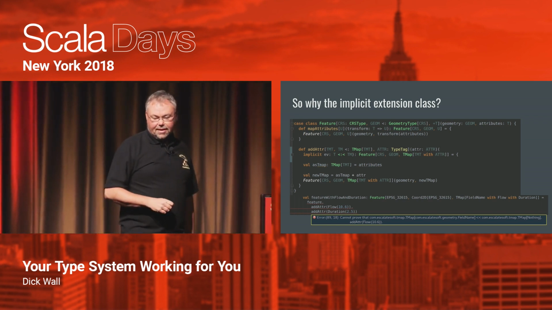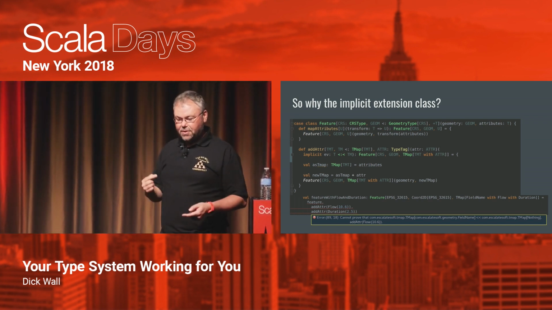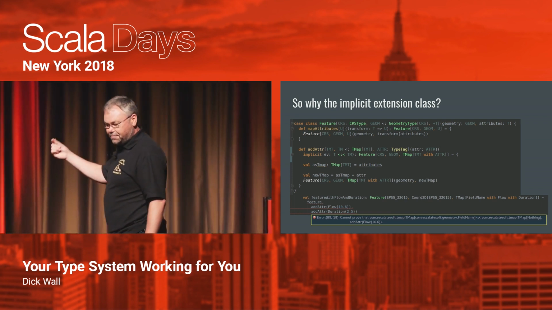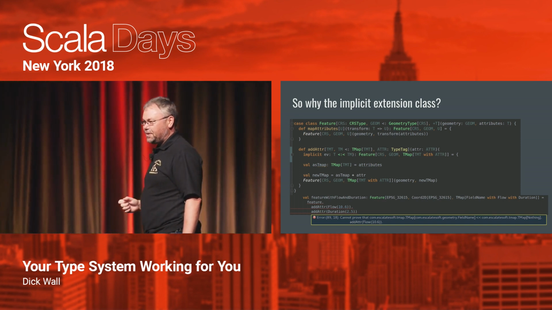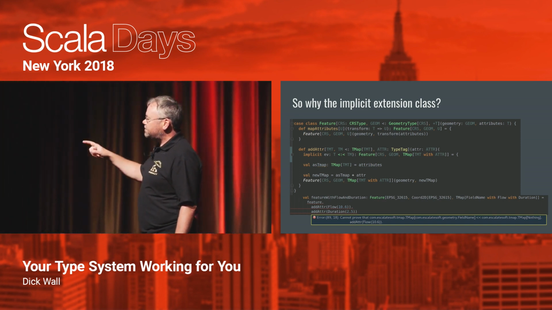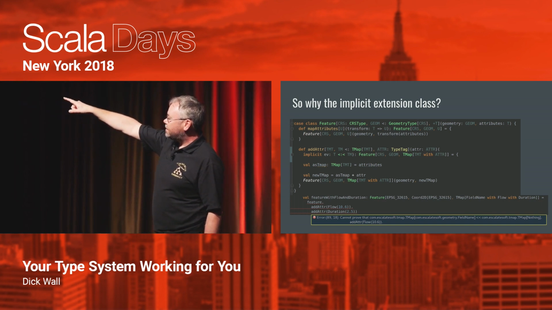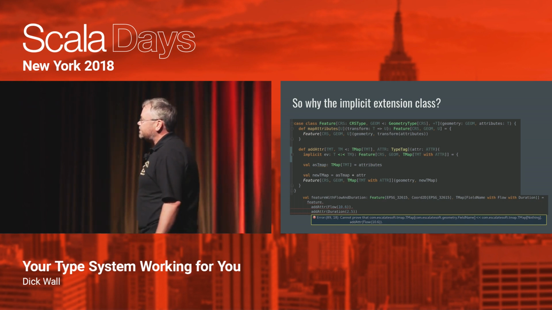Less than colon less than has some interaction with the Scala type inferencing that breaks it being able to infer properly here. So when you do this, if you do it using the add attribute directly in there, you'll get this error.